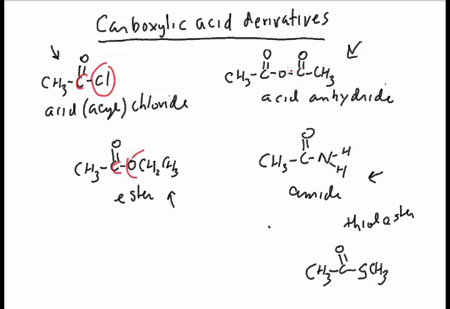There are 2 carbonyl carbons here, but each one has the oxygen attached, a heteroatom group. And here the nitrogen heteroatom group is attached to the carbonyl carbon, and of course here sulfur is attached to the carbonyl group. So all carboxylic acid derivatives contain a heteroatom element bonded to a carbonyl group.